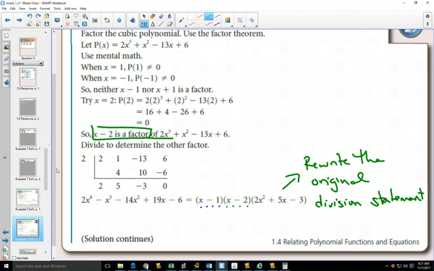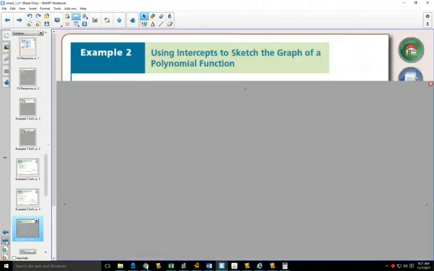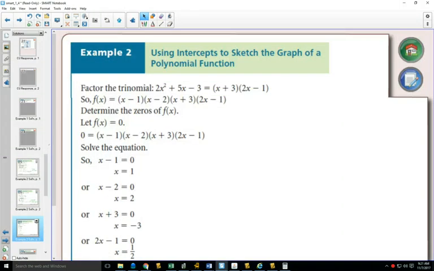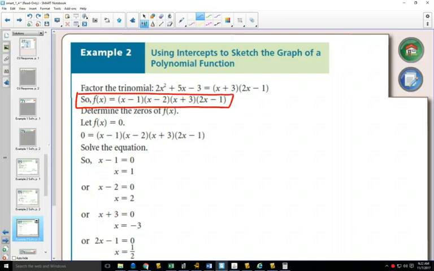And you finally get to a place where all you have left is a quadratic. So we can factor that one completely, right? And we have our original one completely factored.